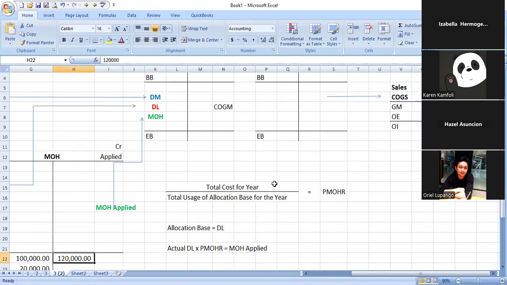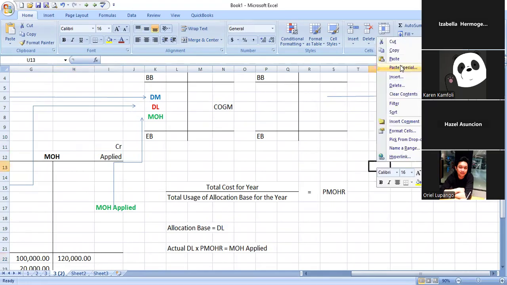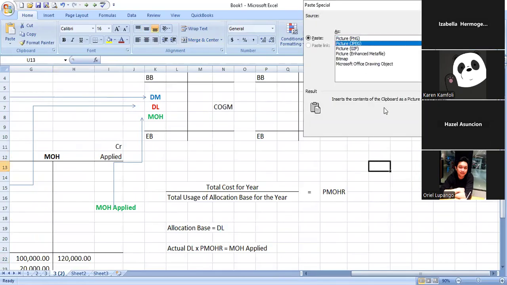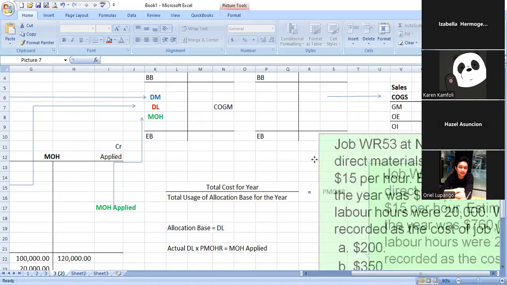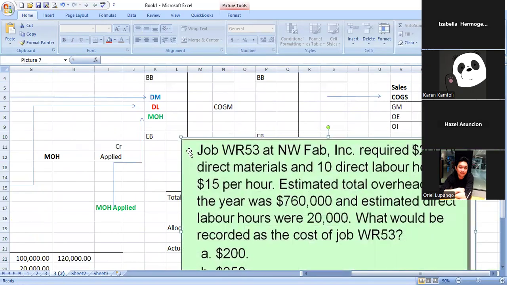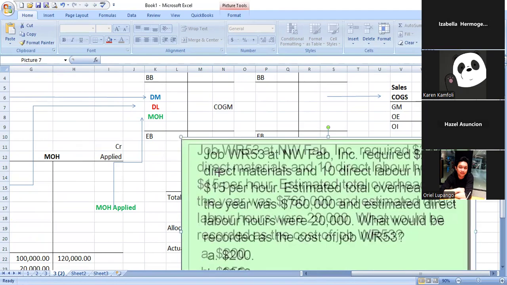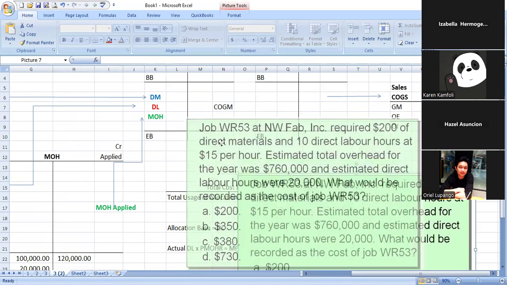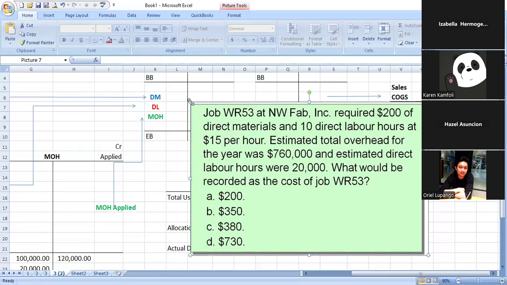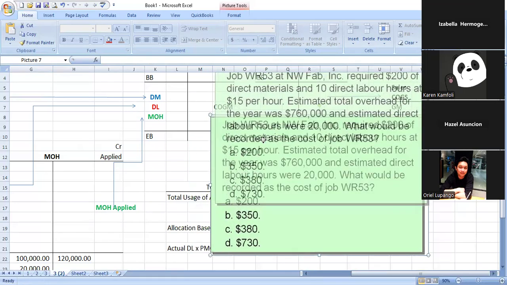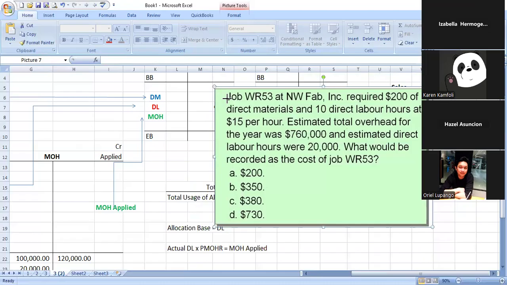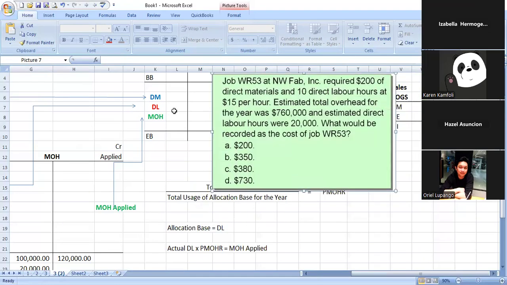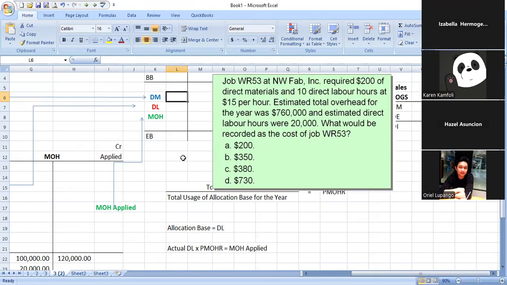So what we're going to do here, I'm going to paste the question somewhere, probably right here. And we're going to start applying what we see from the question. So in order to have our product, what do we need? We already know what we need. We need direct material, direct labor, manufacturing overhead. Do we have the cost of my direct material?